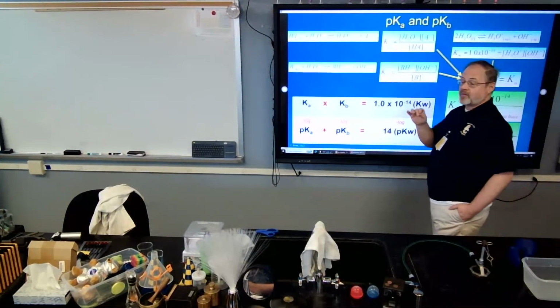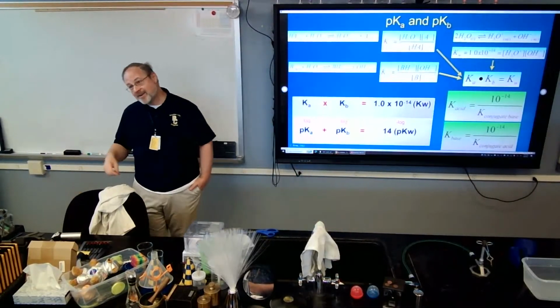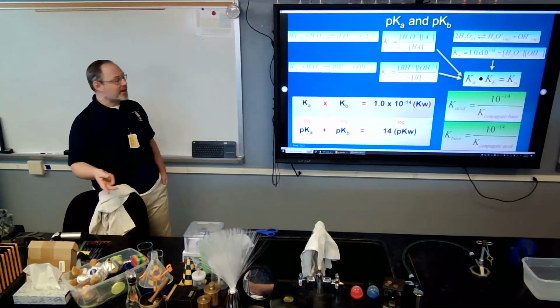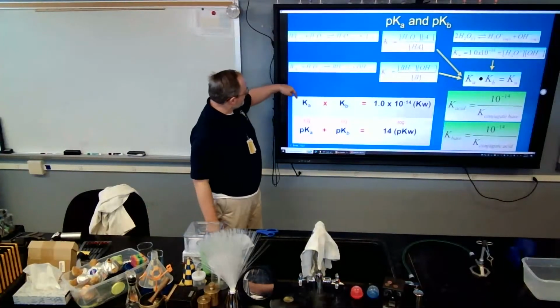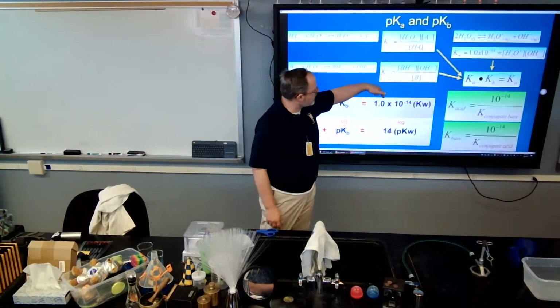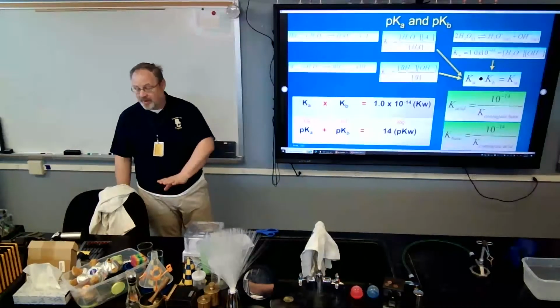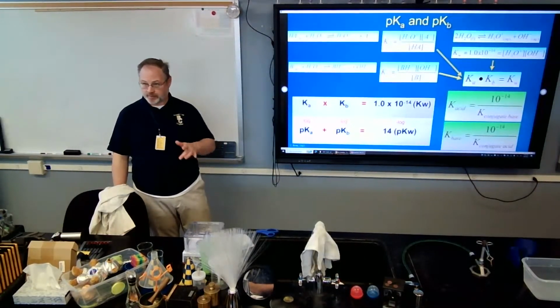Now, just like we have a pH and a pOH, there's also a pKa and a pKb. They use the exact same logarithm math. If we take the negative logarithm of the Ka, the Kb and the Kw, again, at 25 degrees, Kw is 10 to the negative 14.